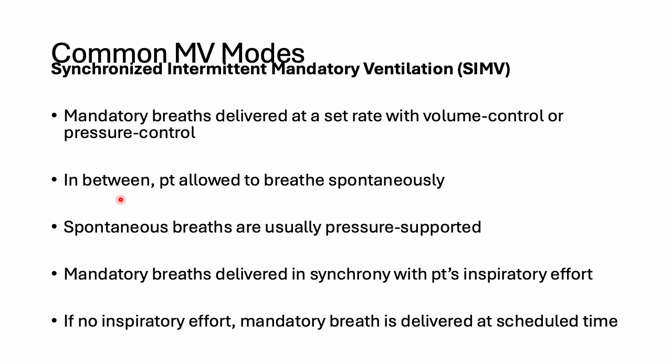Intermittent suggests that in between, the patient is allowed to breathe spontaneously. Again, I like to use the example of 12 breaths per minute. Let's just say this is the set rate. Then in between, the patient is allowed to breathe on their own, right?